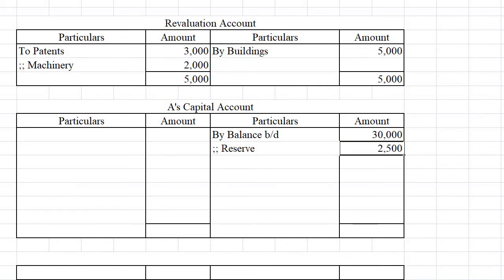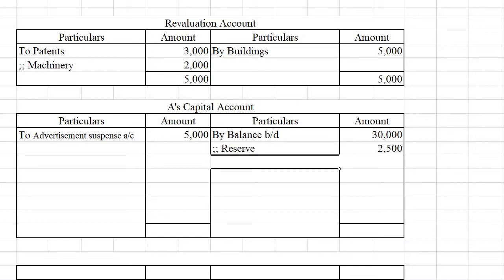Now reserve is transferred and opening balance also transferred, and there was an advertisement suspense account on the asset side that we have to transfer to the debit side. That means A's share of deferred revenue expenditure, 5,000. That means 12,000 was there, 12,000 into 5 by 12, his share.